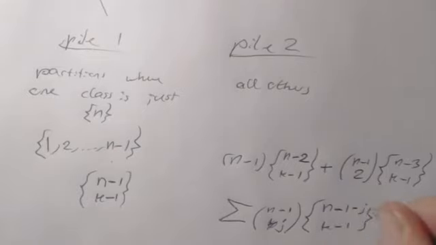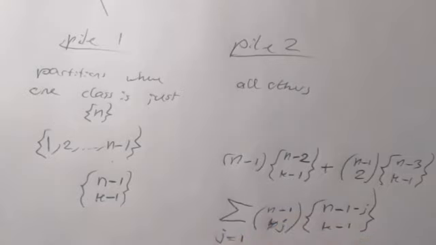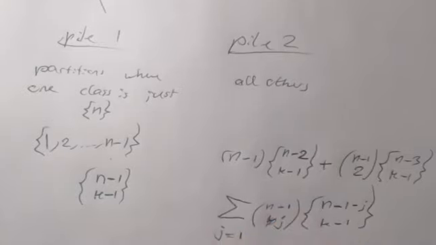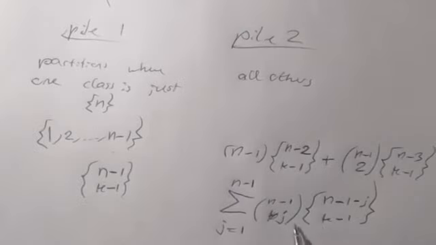Sum of j going from 1 to, let's say n minus 1 for the time being, because these are all the possibilities where this will be non-zero, and so this works because when j is 1, you're just going to have n minus 1 here, and this is going to be n minus 2, k minus 1.